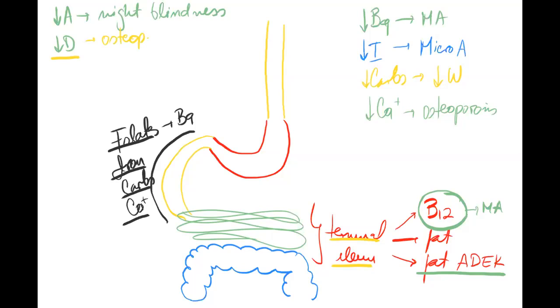As we get a decrease in the absorption of calcium, that produces an increase in the reabsorption of calcium from the bone, so it produces osteoporosis.